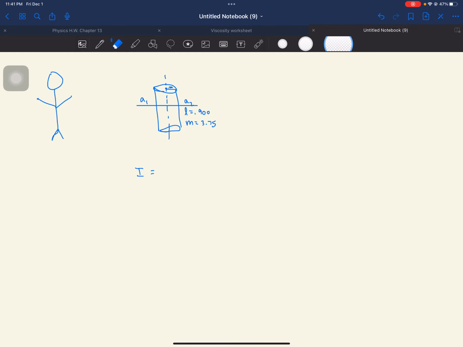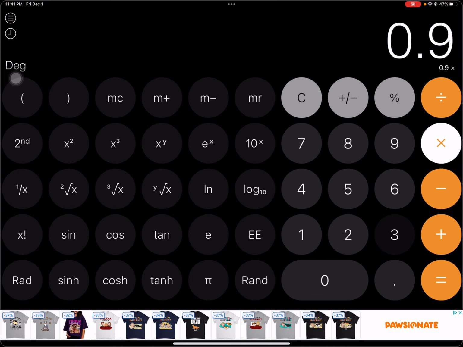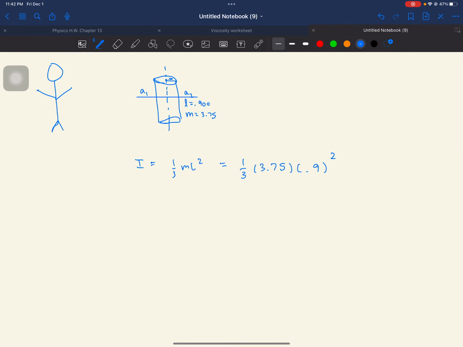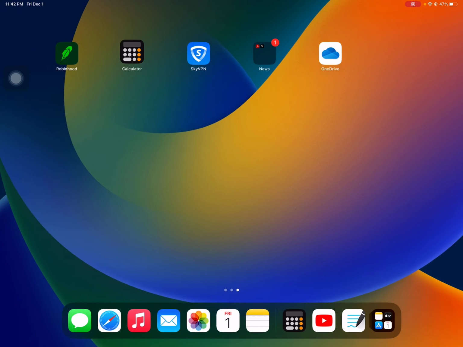So that would be 1/3 the mass, which is 3.75, times the L, which is 0.9, squared, which is 1.125, and then we would times this by 2, because there's two arms, so 2 times 1.125 is equal to 2.25.